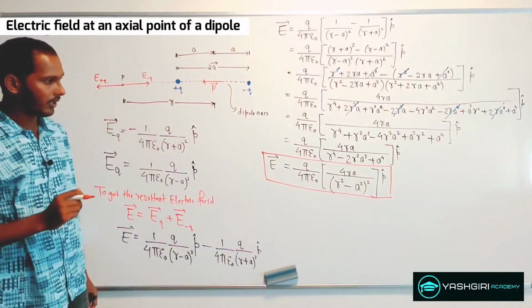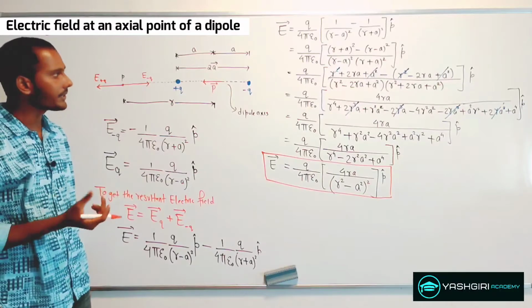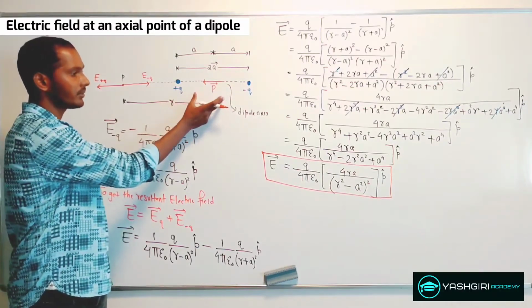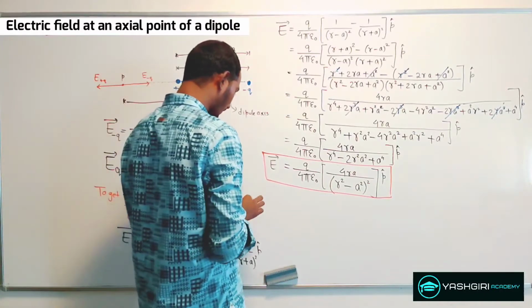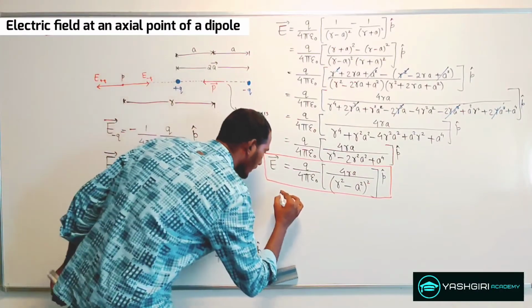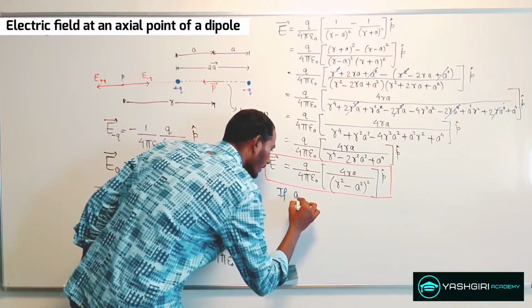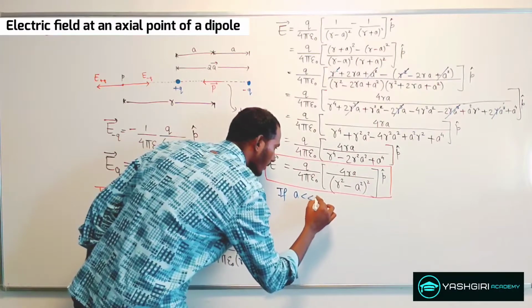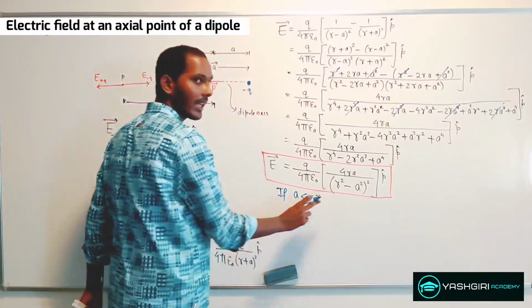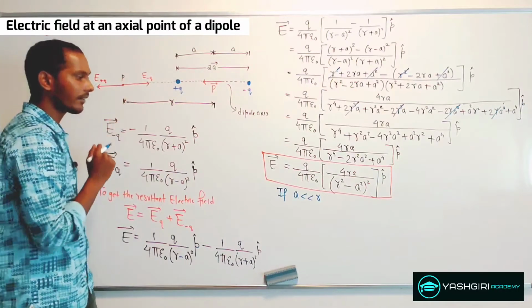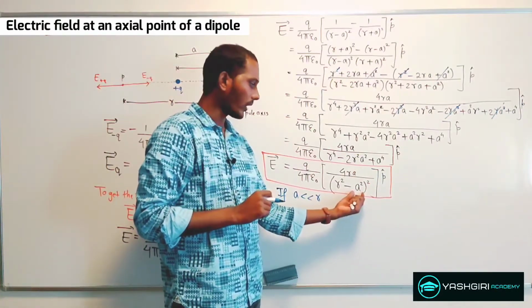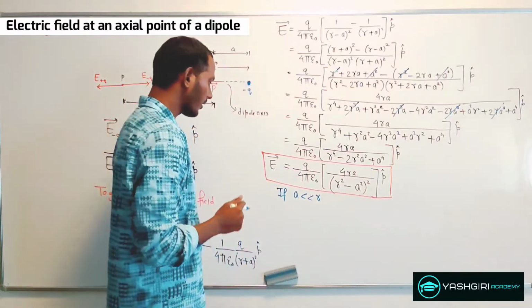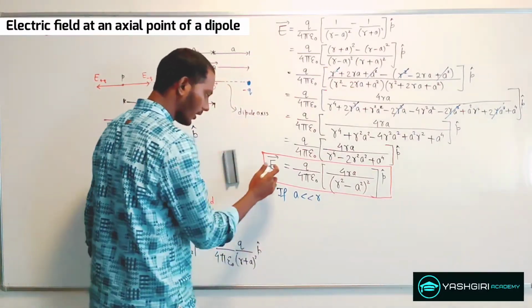Here again, if I consider the distance of separation to be very, very small, I can say that if A is very, very small compared with this distance at which you are going to measure the electric field, in that case I can neglect this A square, and I can rewrite the same equation.